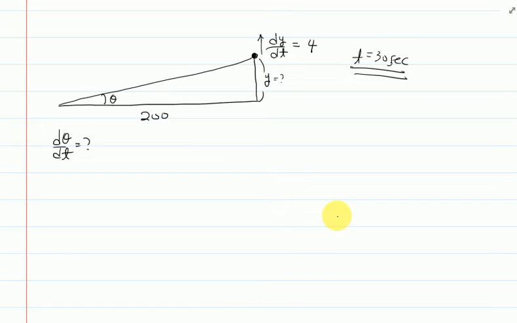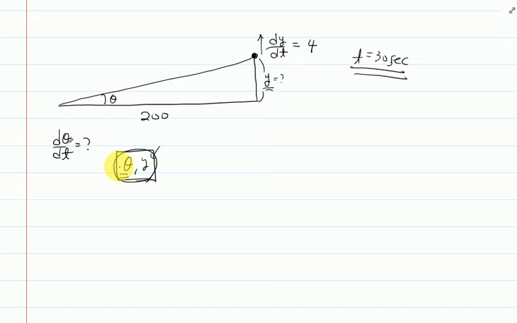Okay. So from that given information, we should get the relation between theta and y, right? Because there are two unknowns, and we are looking for d theta dt, and we know what dy dt is. So if we get the equation for theta and y, we can take the derivative of it.